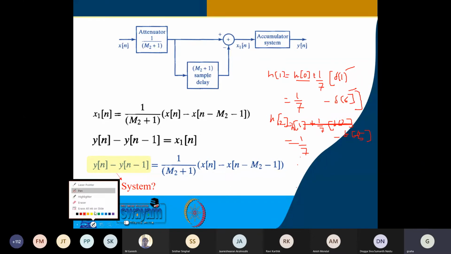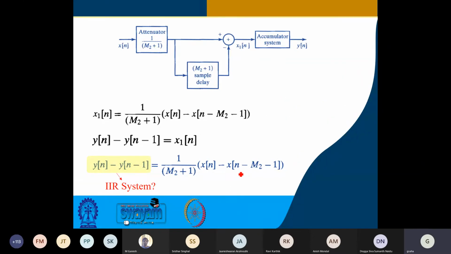How long will it continue? Till you get this one from here, because that 7 is here and n is equal to 7. At that time, this h7 is 1 upon 7, that is h6, minus 1 upon 7.